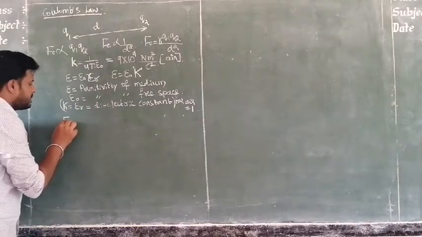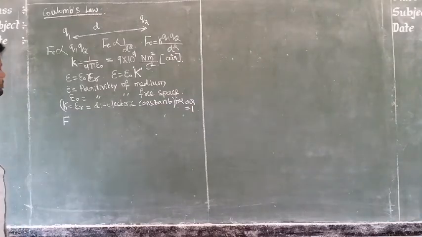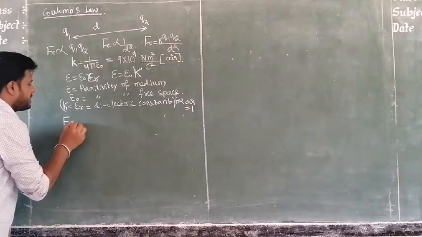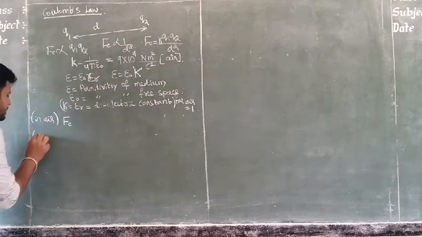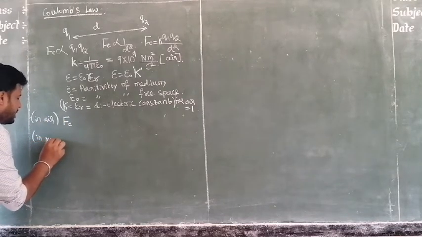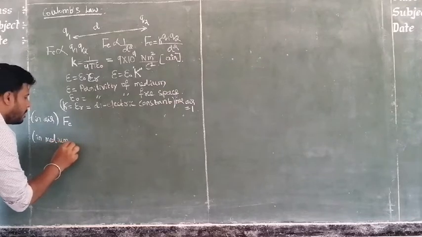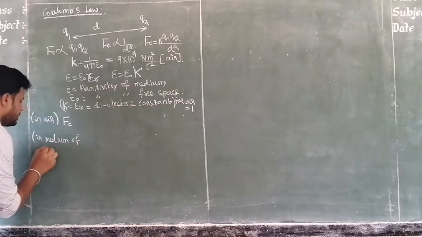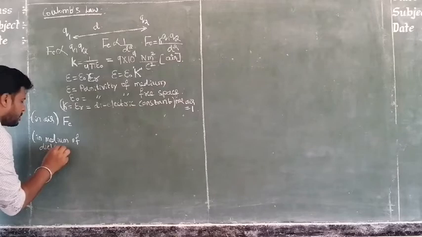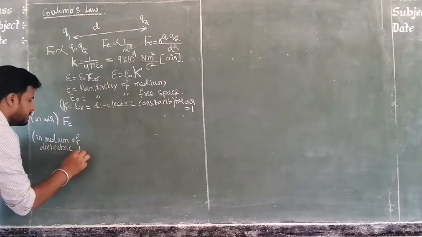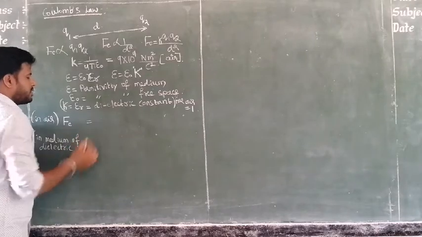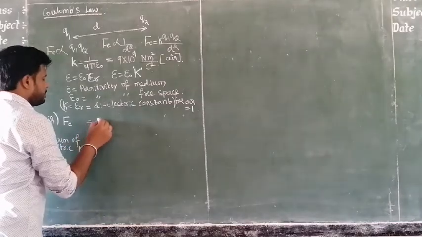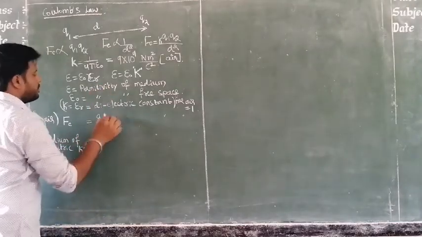I can write this as Fe when in air and in a medium of dielectric constant K. Fe equals Q1 Q2.